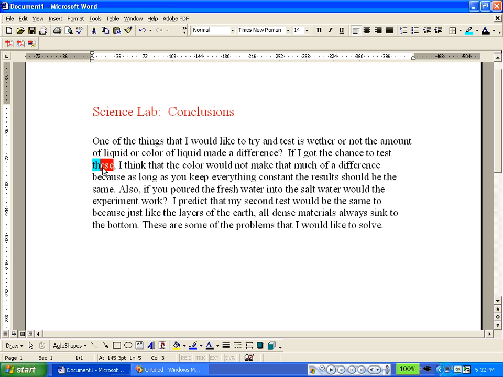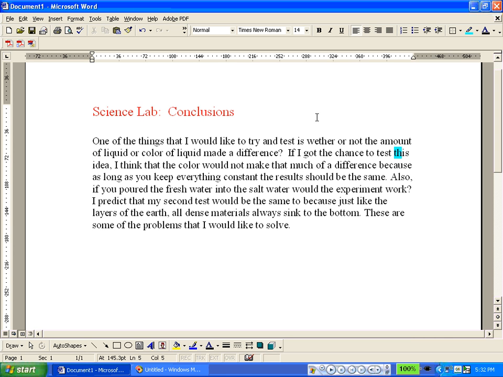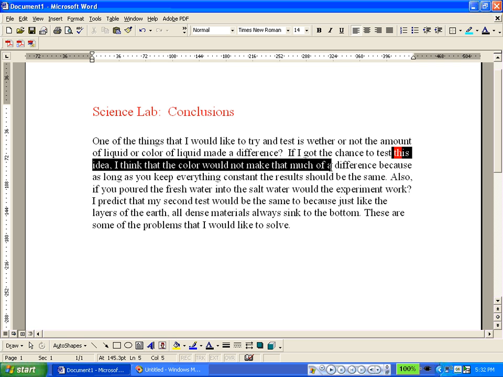So we need to change this and make it say, this idea. If you read this sentence, it sounds smoother, doesn't it? If I got a chance to test this idea, I think that the color would not make that much of a difference. The author wasn't wrong to use the word these the first time, but because we reorganized our sentences, we had to do a little bit of revising.